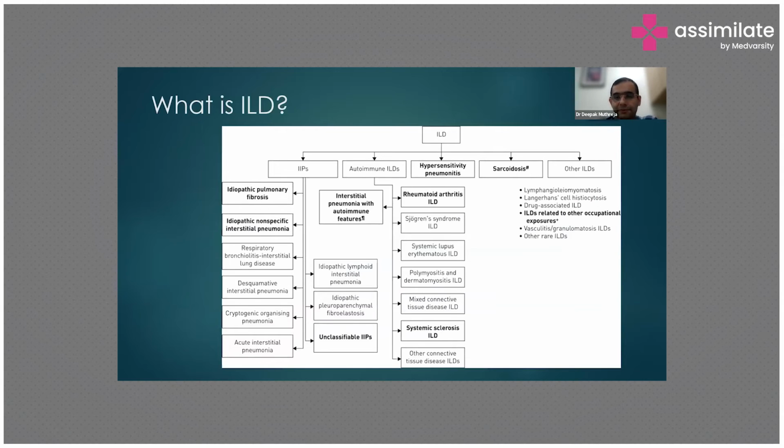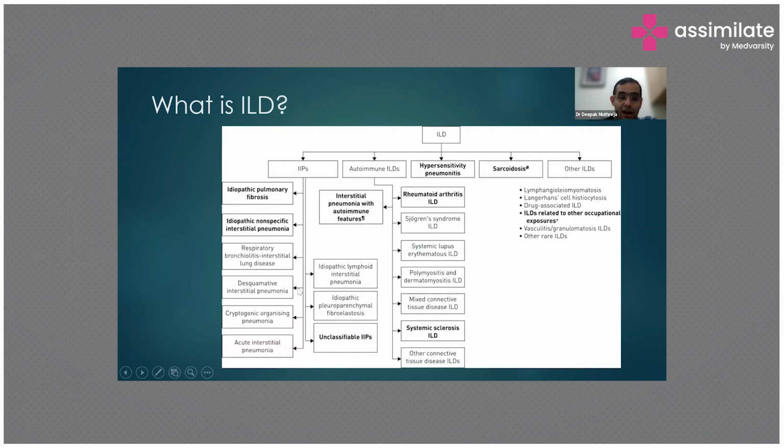What is ILD? ILD is a disease of interstitium which actually includes, as I said, more than 200 entities. This ILD is actually classified like this. So you have ILDs where you have IIPs, that is idiopathic interstitial pneumonias, in which you have IPF. We have idiopathic non-specific interstitial pneumonia.